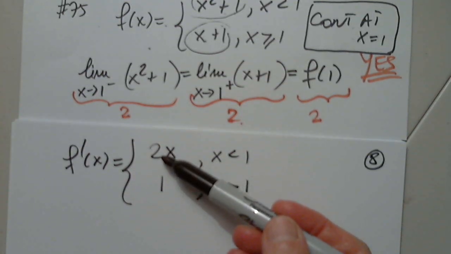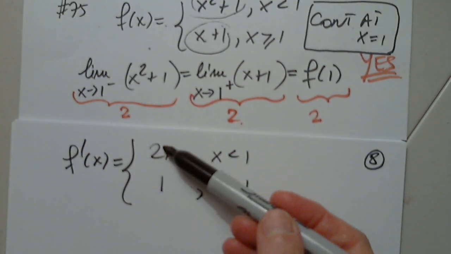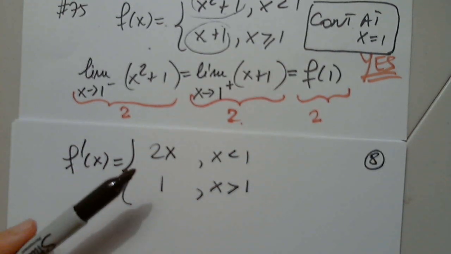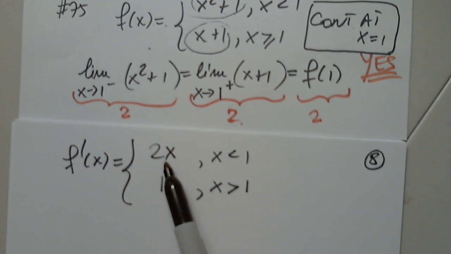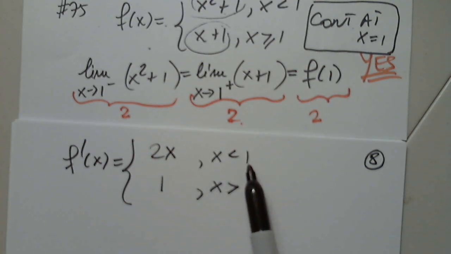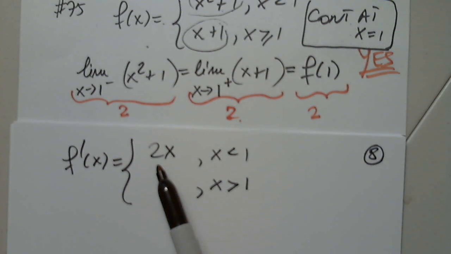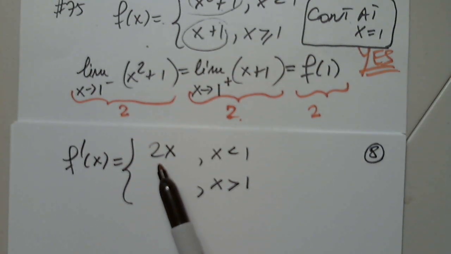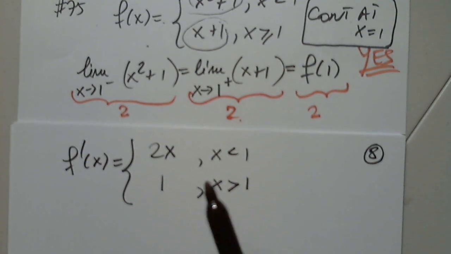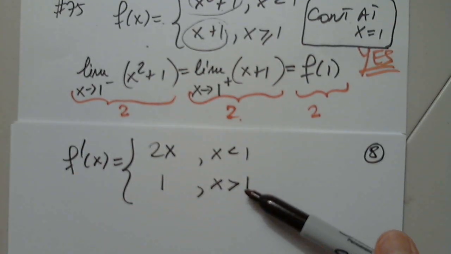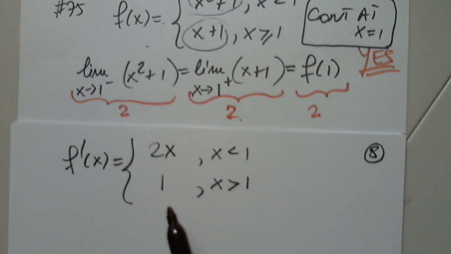The limit from the left is how much? So as x approaches 1 from the left, what is the limit? What is the limit of this when x approaches 1 from the left? Maybe 2. 2. What is the limit from the right as x approaches 1 from the right?